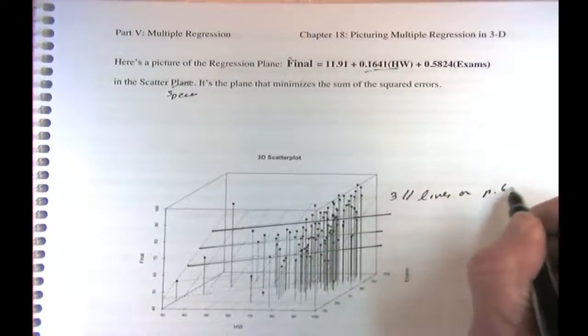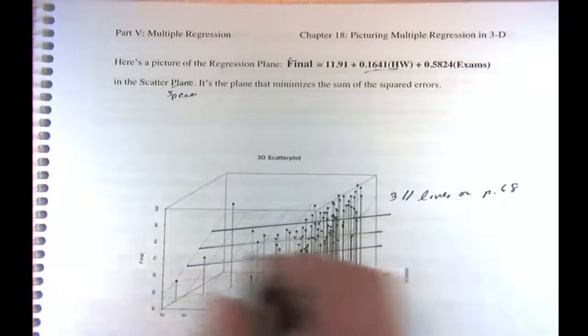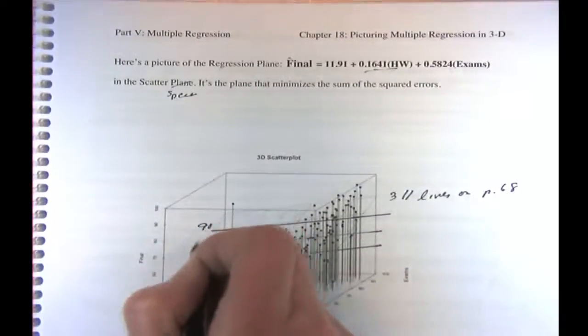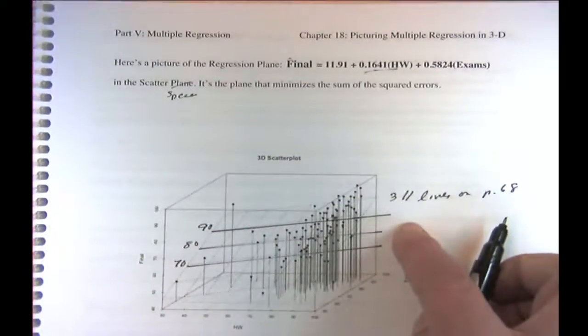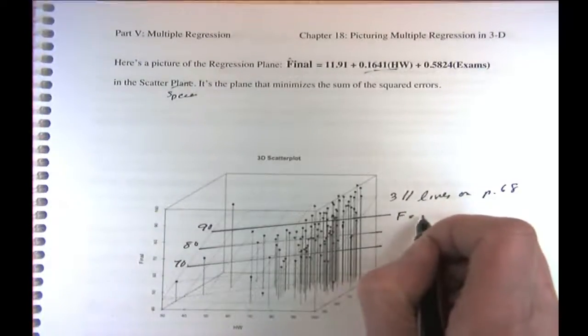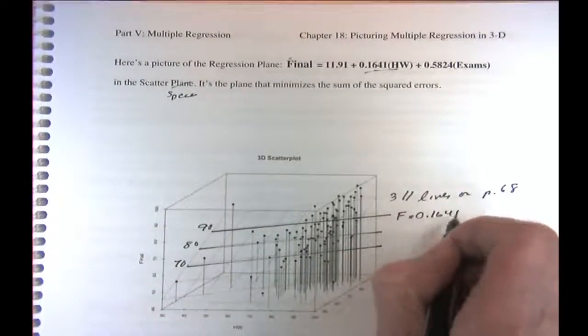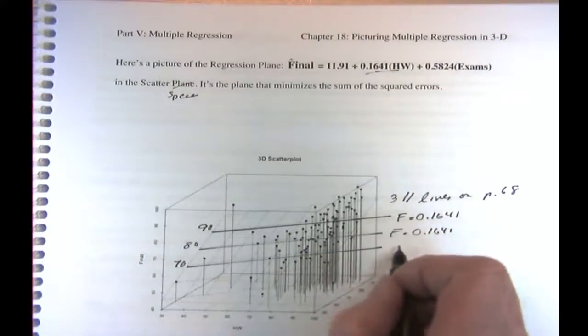So this is 90, this is 80, and this is 70. And those are these equations. So for example, our predicted final, we said for this one, they all have the same slope. They're parallel. And this is the homework slope.